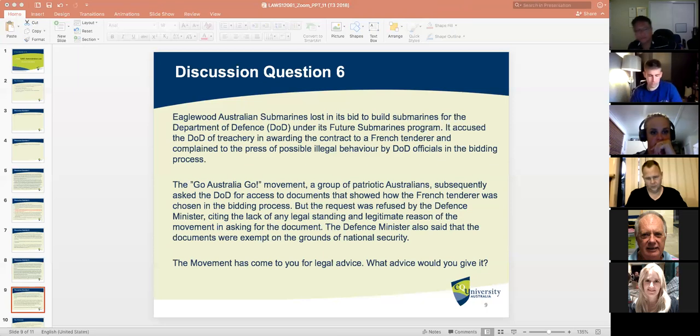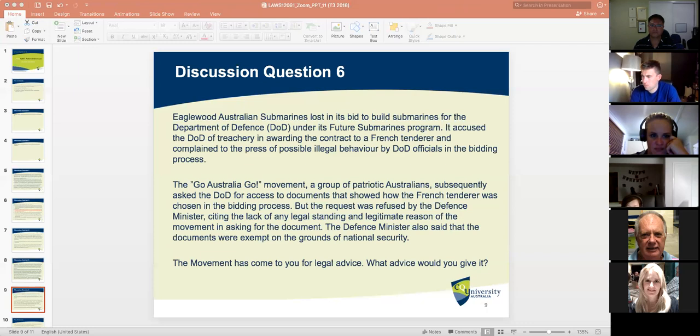The Go Australia Go movement, a group of patriotic Australians, subsequently asked the Department of Defence for access to documents that showed how the French tenderer was chosen in the bidding process. But the request was refused by the Defence Minister, citing the lack of any legal standing and legitimate reason of the movement in asking for the document. The Defence Minister also said that the documents were exempt on the grounds of national security. The movement has come to you for legal advice. What advice would you give?